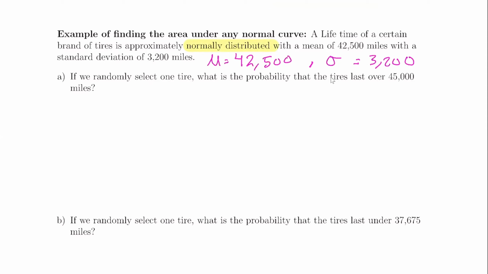If the data set is skewed to the left or skewed to the right, you can't find that probability, because this only works if our data set is normally distributed. So we know mu is equal to 42,500, we know sigma is 3,200, and we know it's normally distributed. Any question in regard to that so far? All right, so let's do part A.